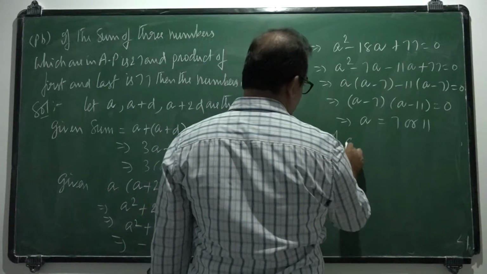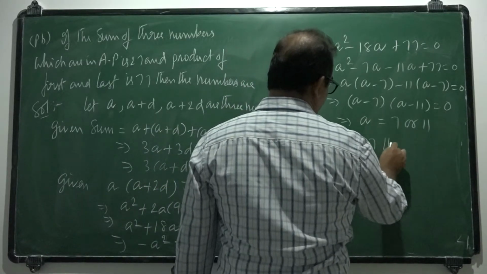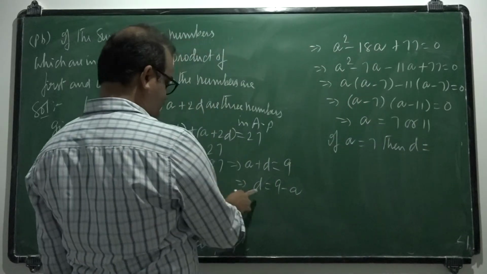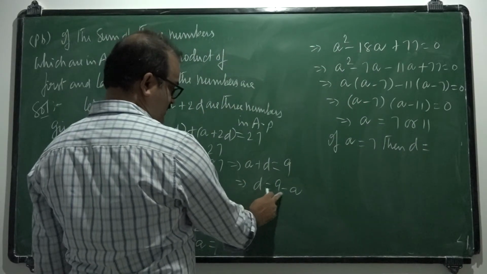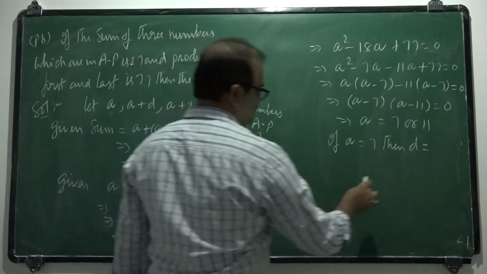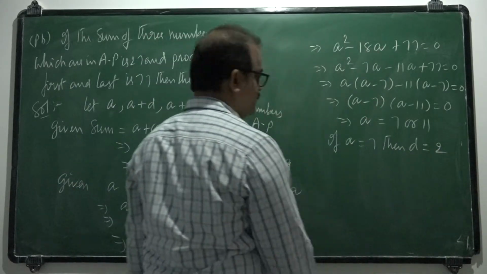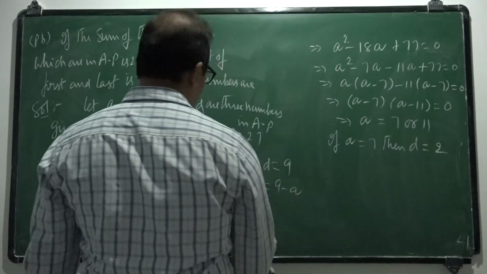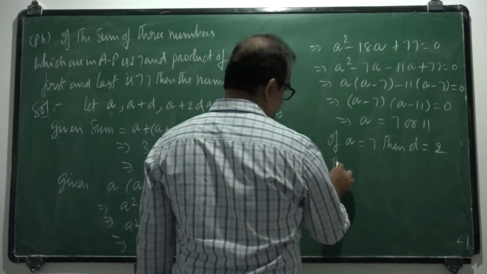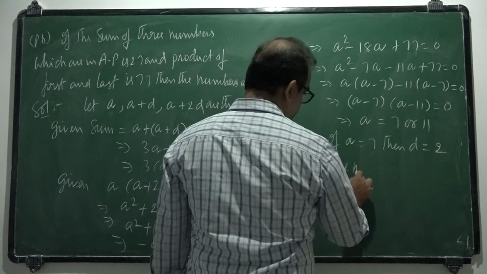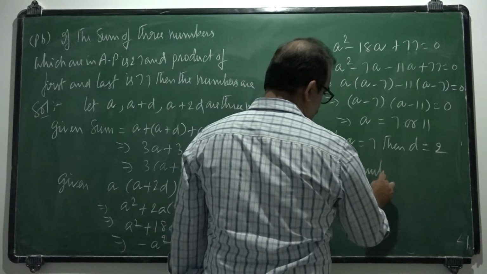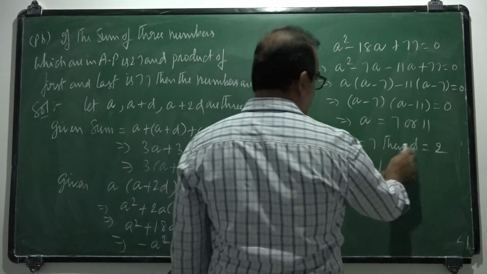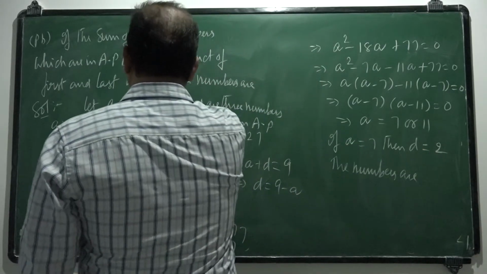So a value is 7 or 11. If a is equal to 7, what is the d value? 9 minus 7, d is 2. If a is equal to 7 and d is equal to 2, then the numbers are, you substitute a value and d value in these numbers.